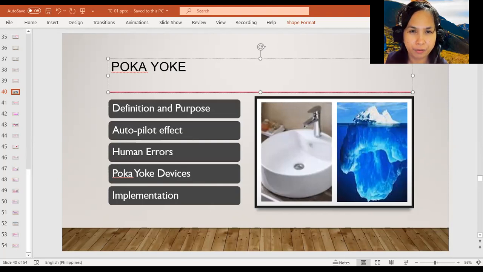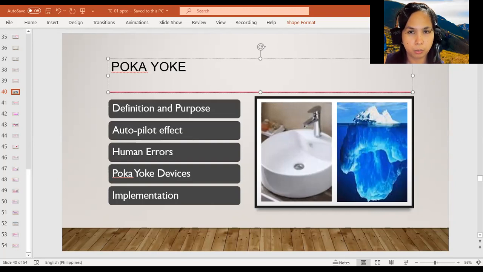To be sure, there are many different reasons and theories of why manholes are round, but one of the most significant reasons is because a round cover can never fall into the hole, whereas a square or rectangular manhole cover could in fact fall into the hole if inserted the wrong way. And as it turns out, this round manhole is an example of what's known as a Pokayoke device.